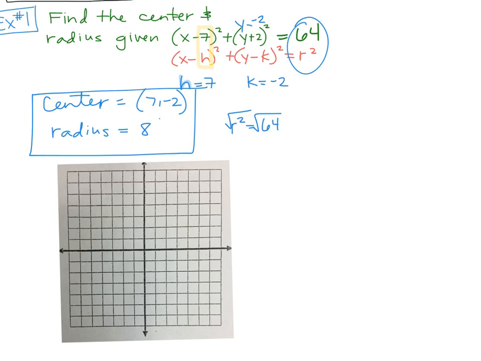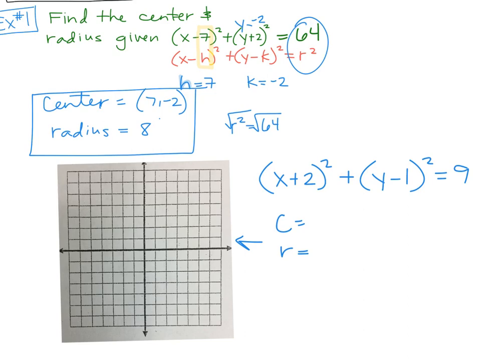Let's look at this one. Let's say you have x plus 2 squared plus y minus 1 squared equals 9. Okay? I want to know the center and the radius, and then we'll graph it over here.